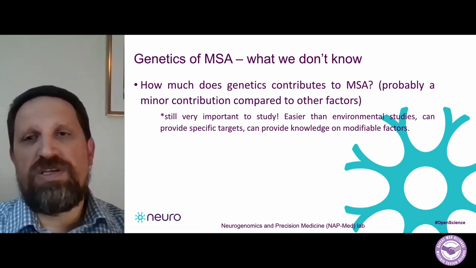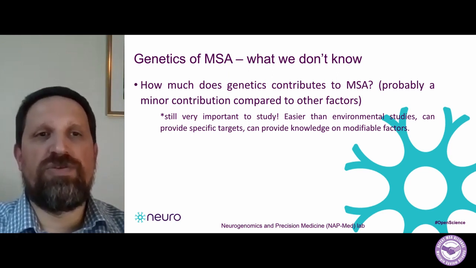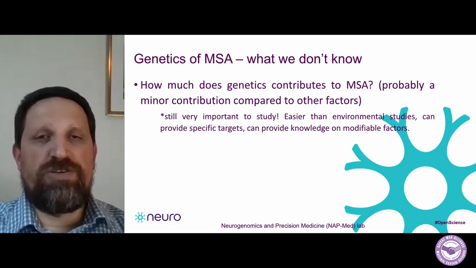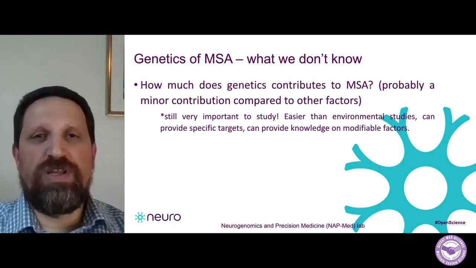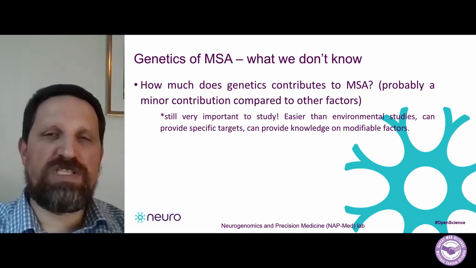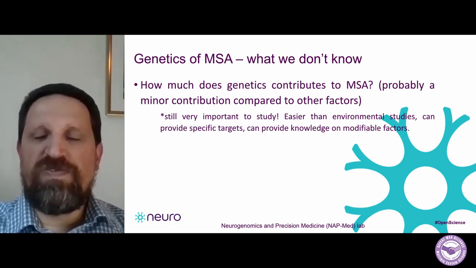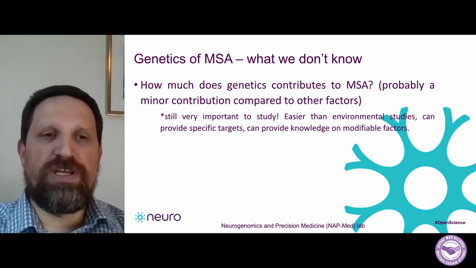Now, studying all these exposures and definitely stochastic events are things that are very difficult to do. But genetics is a lot easier, and that's why I think, at least, we need to focus a lot more on studying the genetics of MSA, especially because, as I mentioned before, it can also provide some knowledge on modifiable factors that are not necessarily genetic.